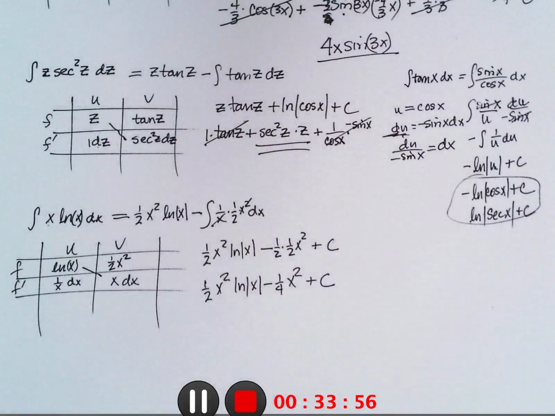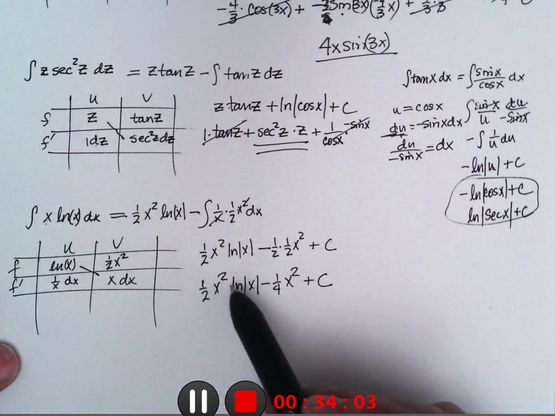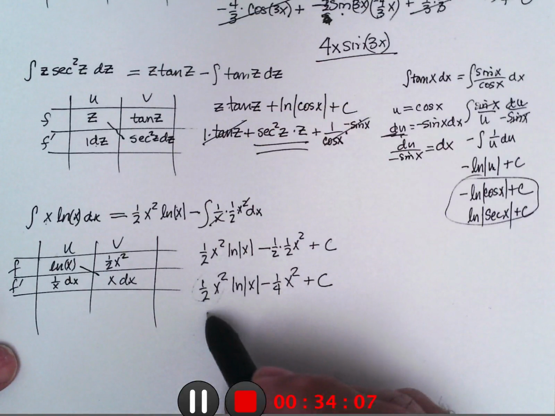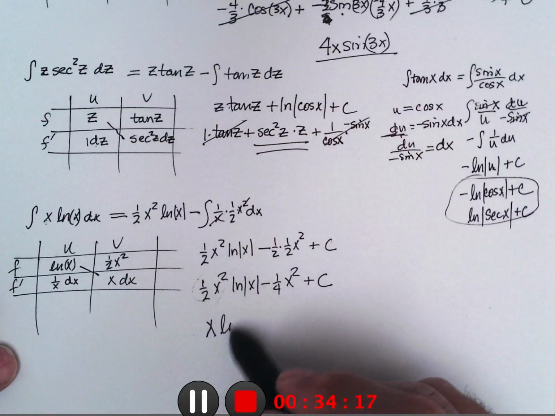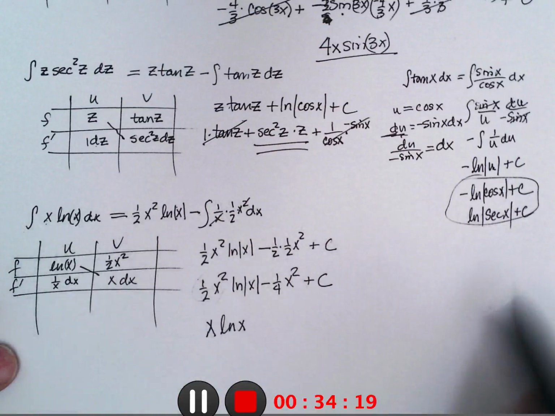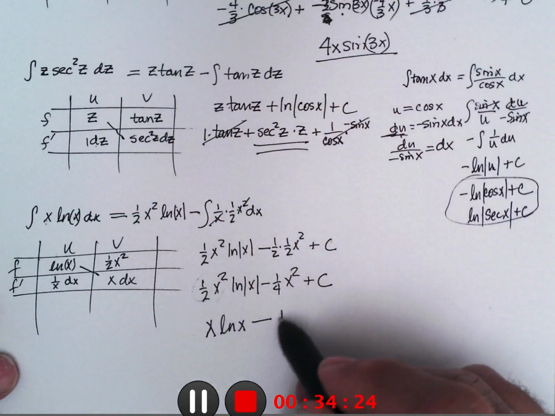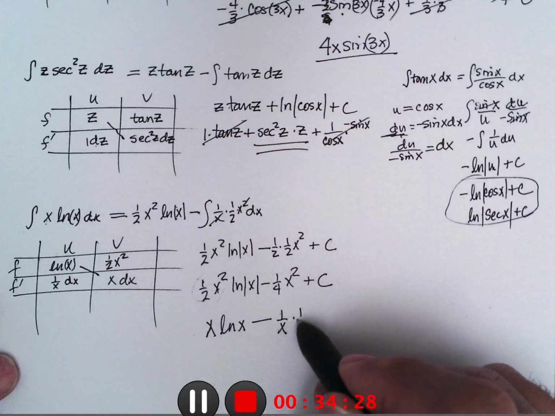Let's check it by taking the derivative. We want to get x ln x. So the derivative of the first, 1/2 x squared, would be 2 times a half is 1x, times the second, ln x, that's what we wanted, plus derivative of ln x is 1 over x times that, which is 1/2 x squared.